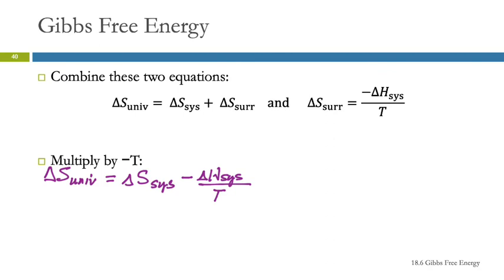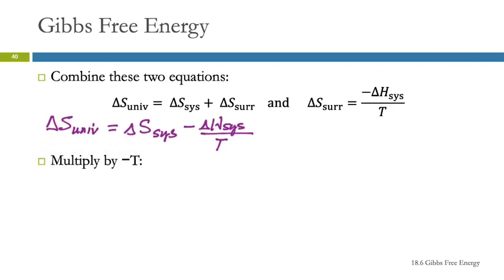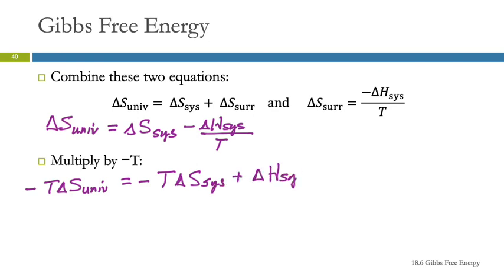Actually, I think this is supposed to be up there. And thankfully, I gave myself a hint: multiply by negative T. So if we multiply by negative T, we're going to get negative T delta S for the universe is equal to negative T delta S for the system plus delta H for the system.